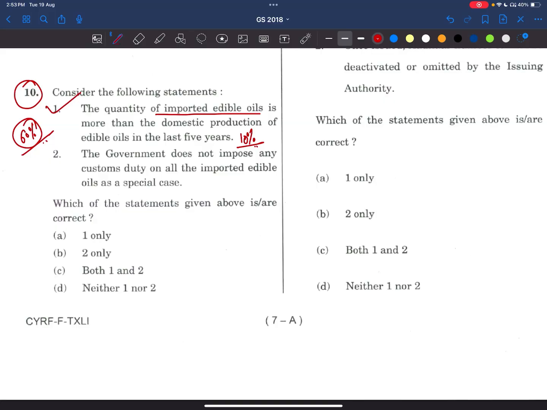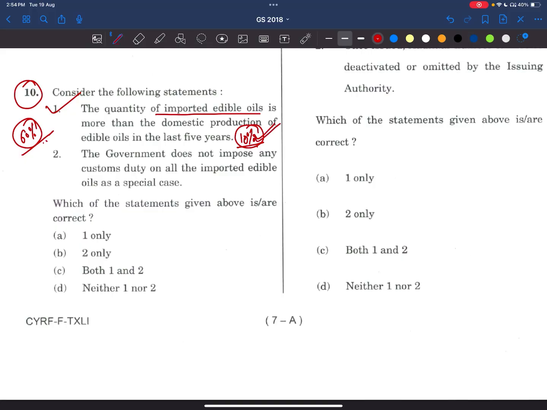Now, the second statement: the government does not impose any customs duty on imported edible oils as a special case. By seeing the first statement, we feel that the government is giving some benefits to import countries. But we are producing 10% of the world's edible oils in our country, so we need to encourage the domestic players as well.